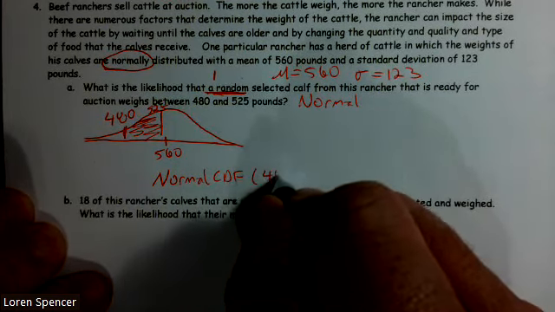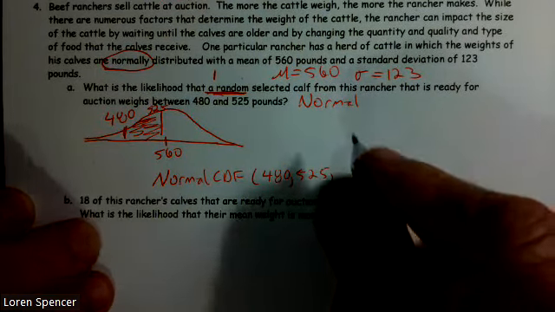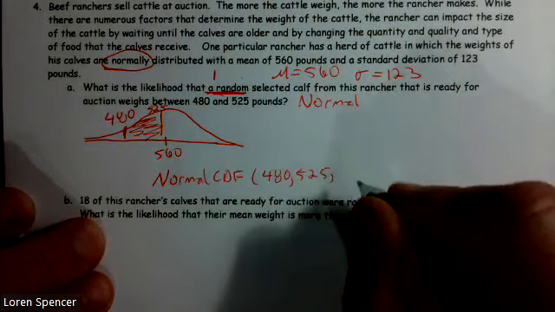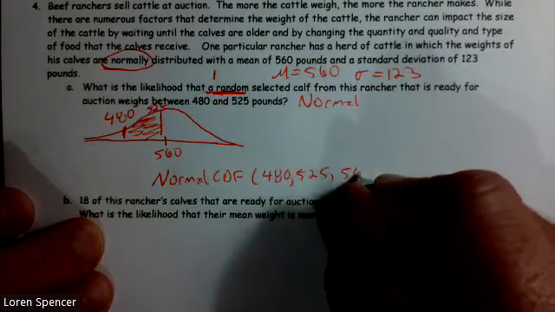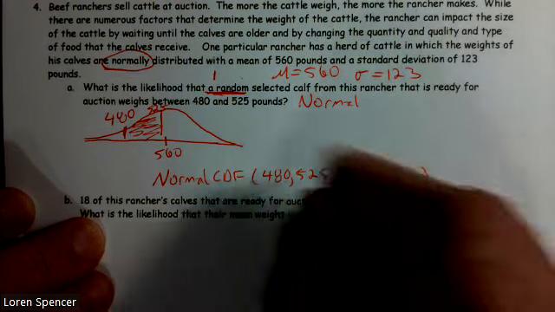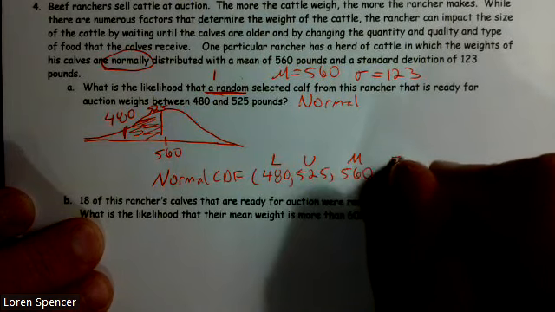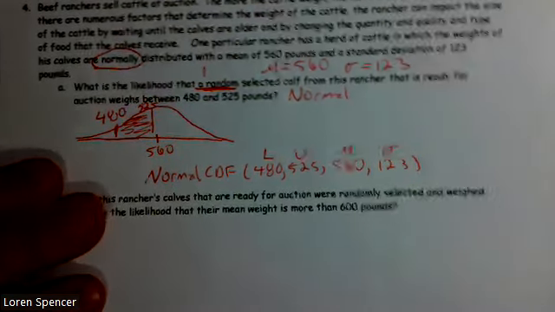Lower 480, upper 525, mean 560, and then 123 for the standard deviation. Lower, upper, mean, standard deviation. We go to the calculator.